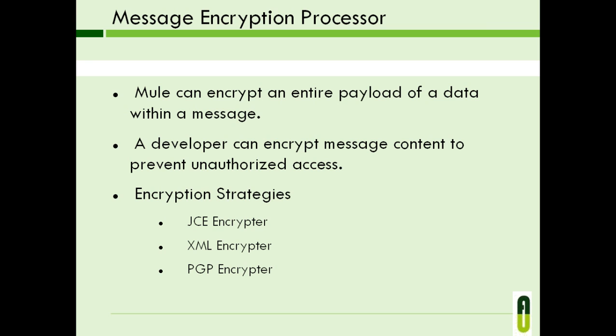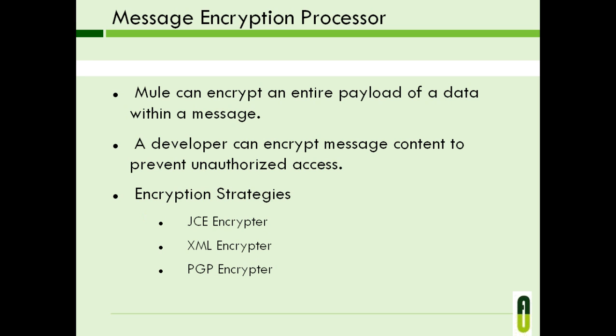Third one is XML encryptor. XML encryptor encrypts string and it encrypts individual fields using XPath expression. In XML encryptor, we have to set the XPath. We will see in the example how we can use this XML encryptor.